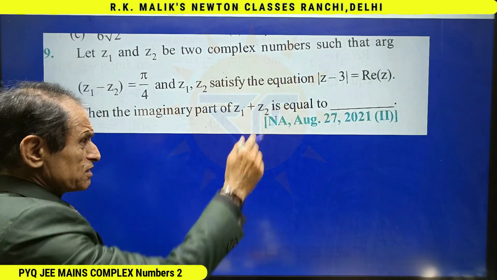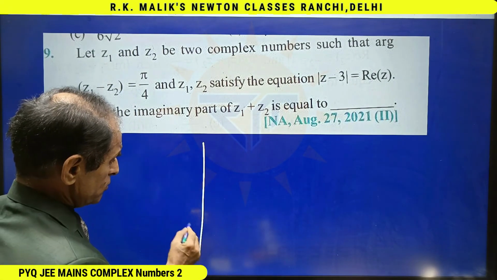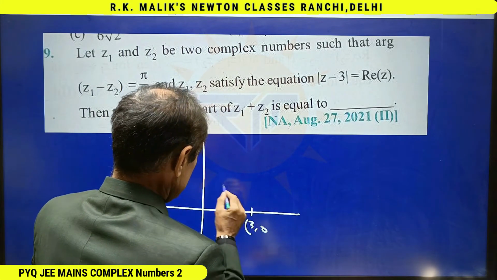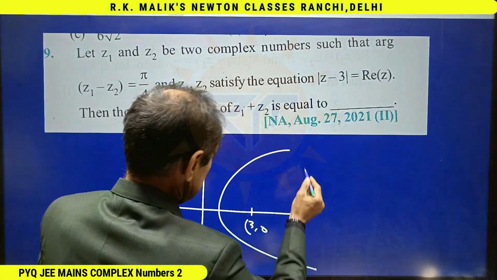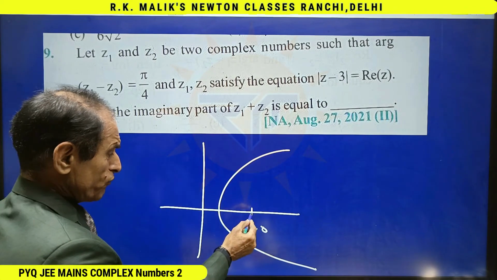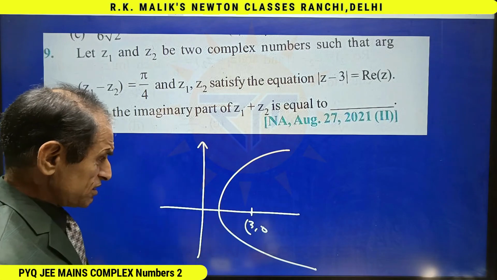And this means this equation represents a parabola whose distances from the point 3 and the y-axis are equal. That is, this equation will represent this parabola for which the focus will be 3 and the y-axis will be the directrix.